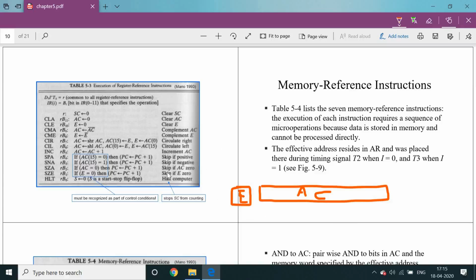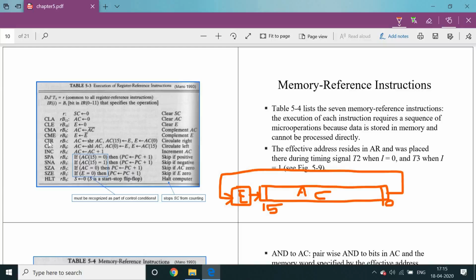The accumulator has a 0 bit, and this is the 15th bit, and this is the 0 bit.